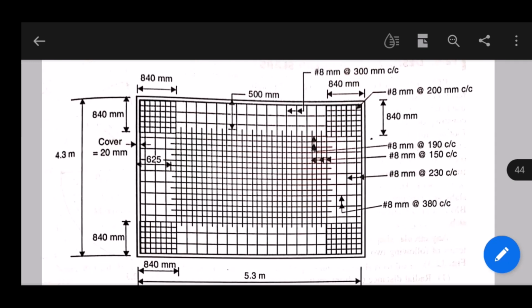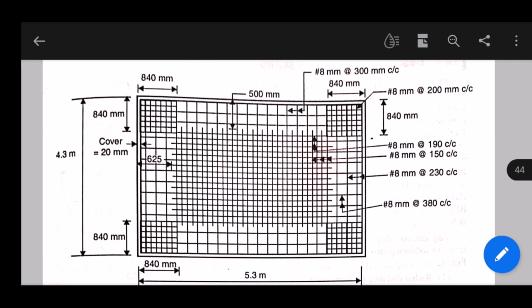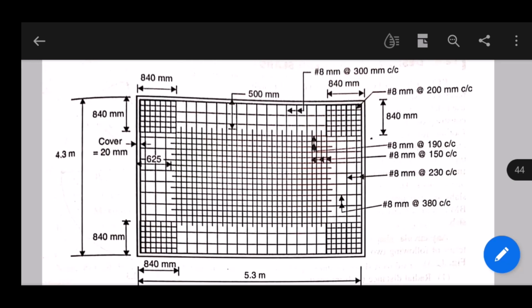This is the main plan of bottom reinforcement, which we have mainly designed, which you got through the design. As per the design, this drawing has been done. You can see here the mesh size, edge strip size, number of dia of bar at given support.